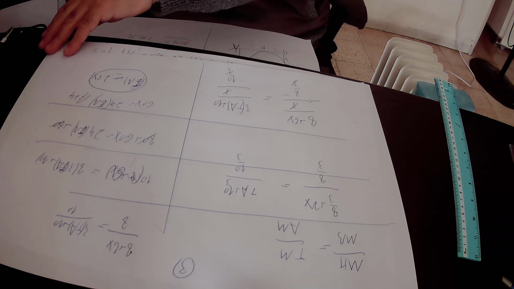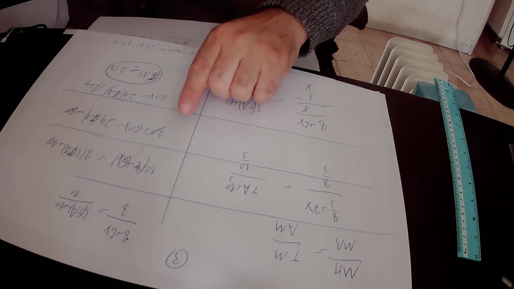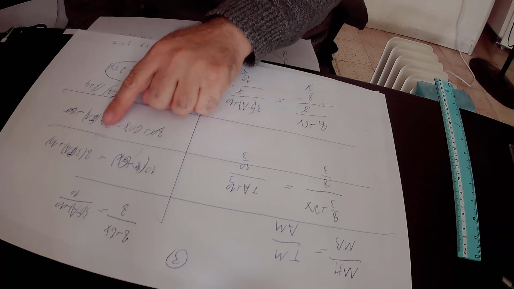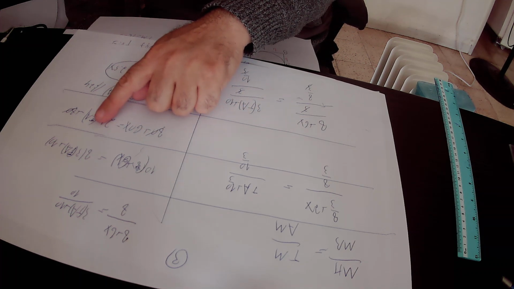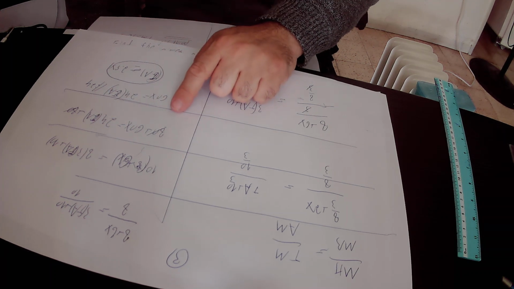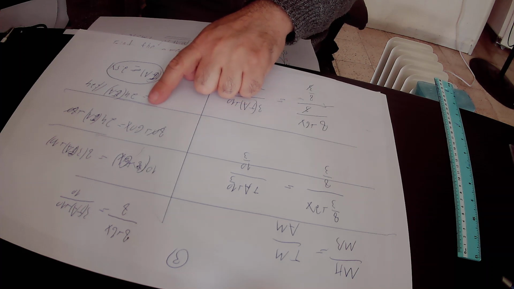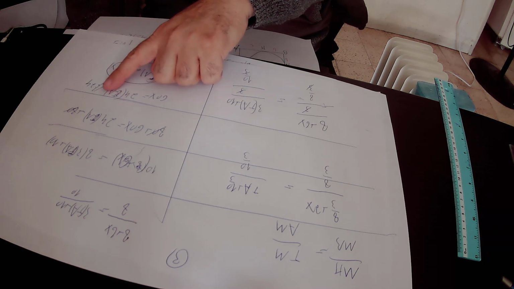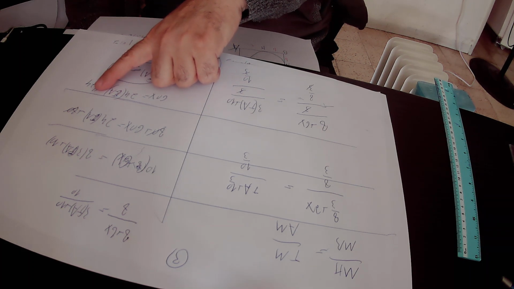Here we cross multiply this equation, and we found that 10 times 8 plus 6x equals 8 times 3TA plus 10. 8 times 10 is 80, and 8 times 6x is 60x. 8 times 3TA is 24TA, and 8 times 10 is 80.